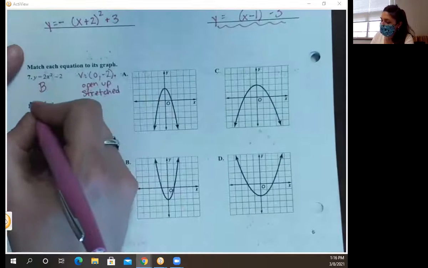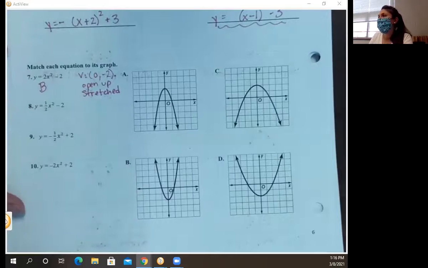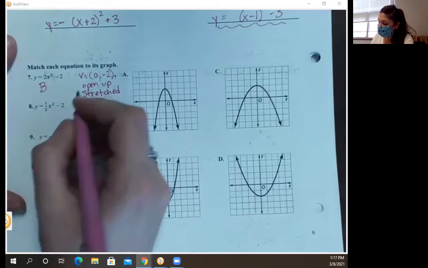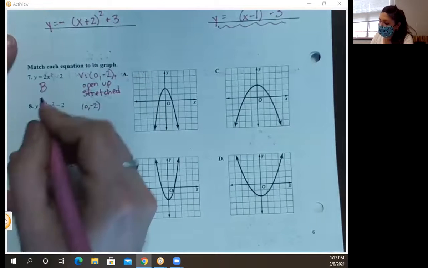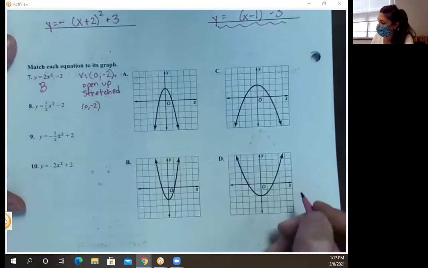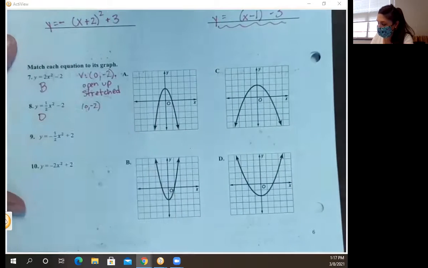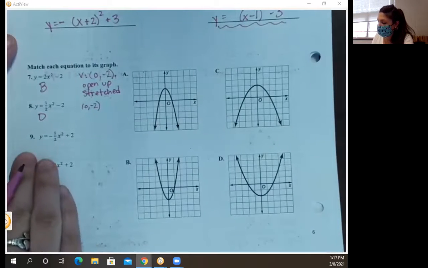Which graph matches the equation for number 8? D, our vertex would be at (0, -2). We're going to open up, but this time we're going to be wider. That's D. How about number 9?